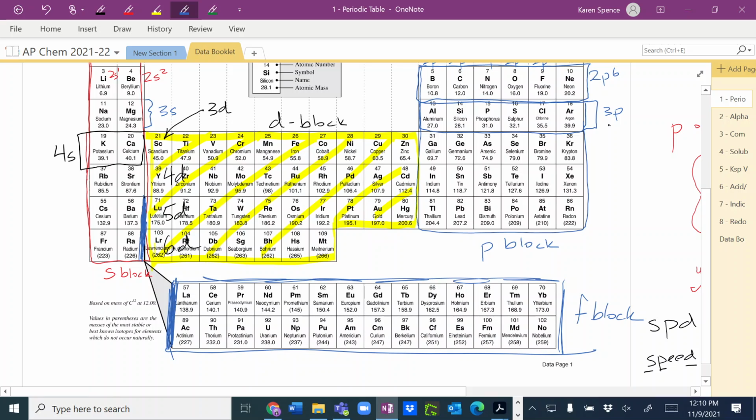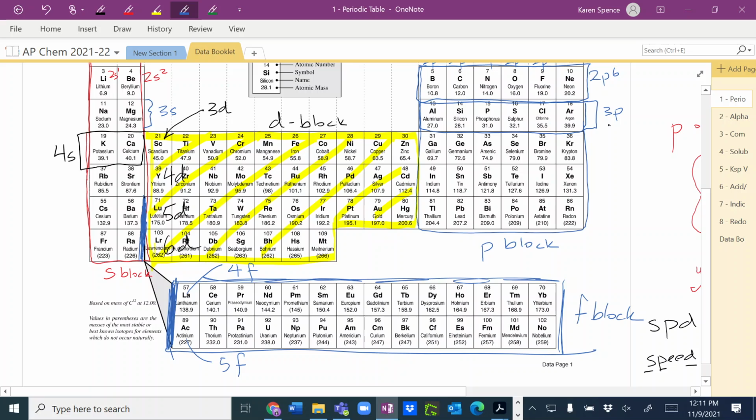What number will our F start with? Starts with 4. Okay, so this is our 4F, and then our, did I get that right? Yeah, 4F and then 5F.